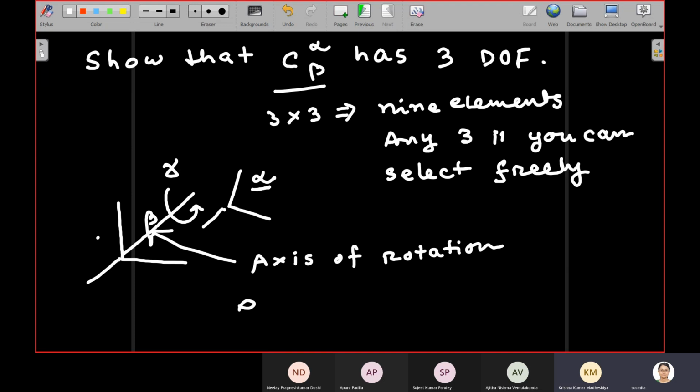Let's call this unit vector E beta. Now this is the only vector which remains invariant in both beta and alpha frame. What does it mean? So if we resolve its components along beta frame and then resolve its components along alpha frame, we'll find that the components are the same. So its components are the same in both beta and alpha frame. Okay.